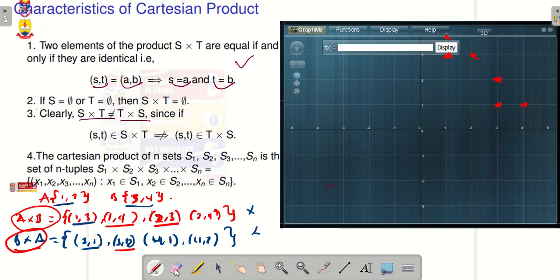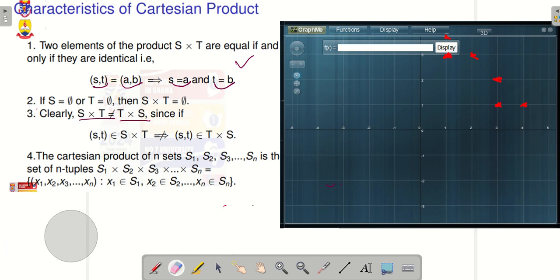Now let's move on to the next one, the fourth one: the Cartesian product of n sets, that is S1, S2, S3, up to Sn. What we are saying here is that if the number of sets is more than two, let's say we have the first set A containing A, B, then we have set B containing P, Q, then we have set C containing, let's say, X, Y. So we have 3 sets.